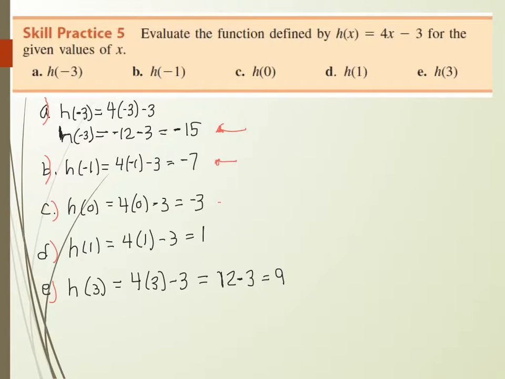For C, we get negative 3, because h of 0, when we put 0 in for x, we just get negative 3. When we put h of 1 in, we get 1. And finally, when we put in h of 3, we get 9. So please practice these.